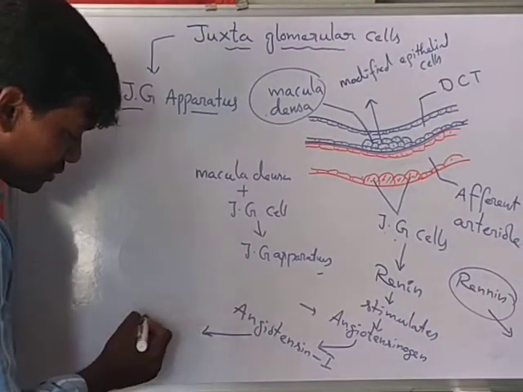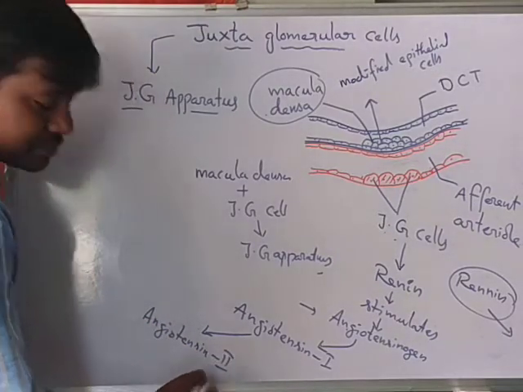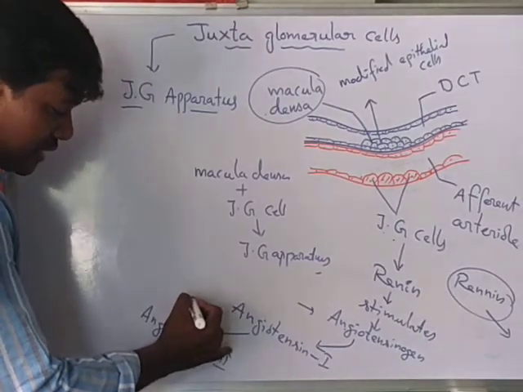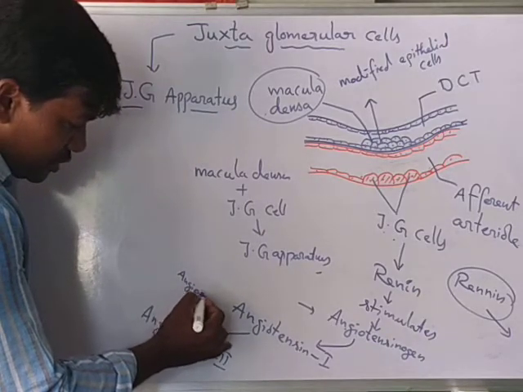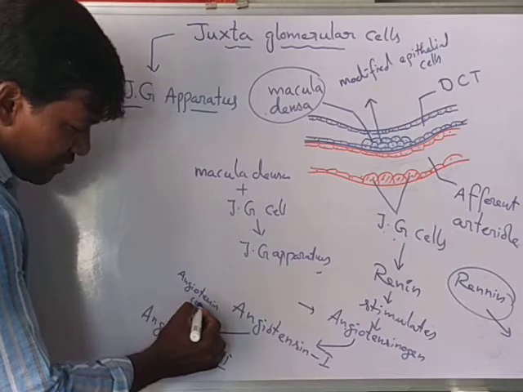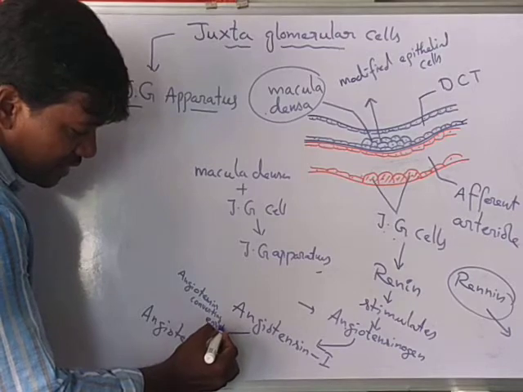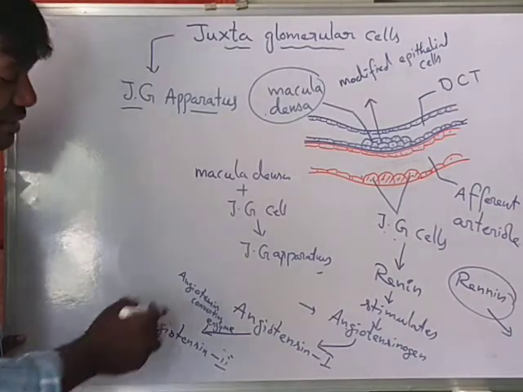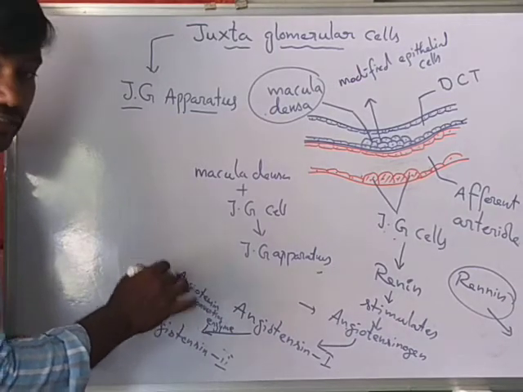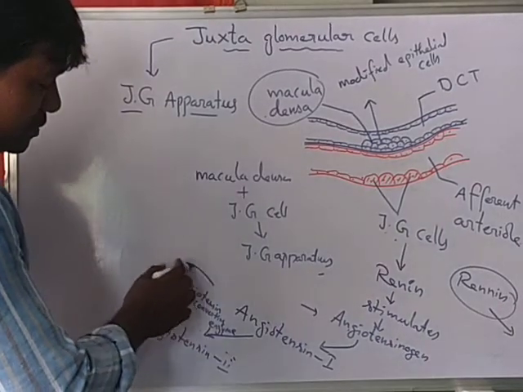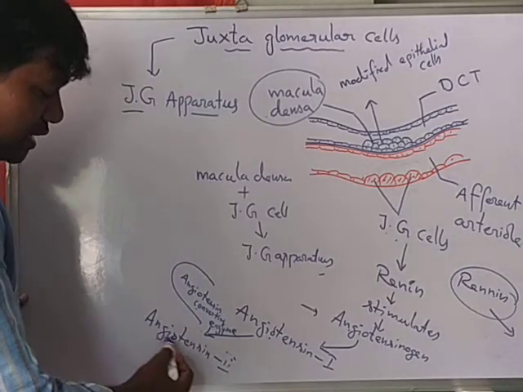Angiotensin 1 is again converted into angiotensin 2 by an enzyme, angiotensin converting enzyme. This enzyme catalyzes the conversion of angiotensin 1 into angiotensin 2.